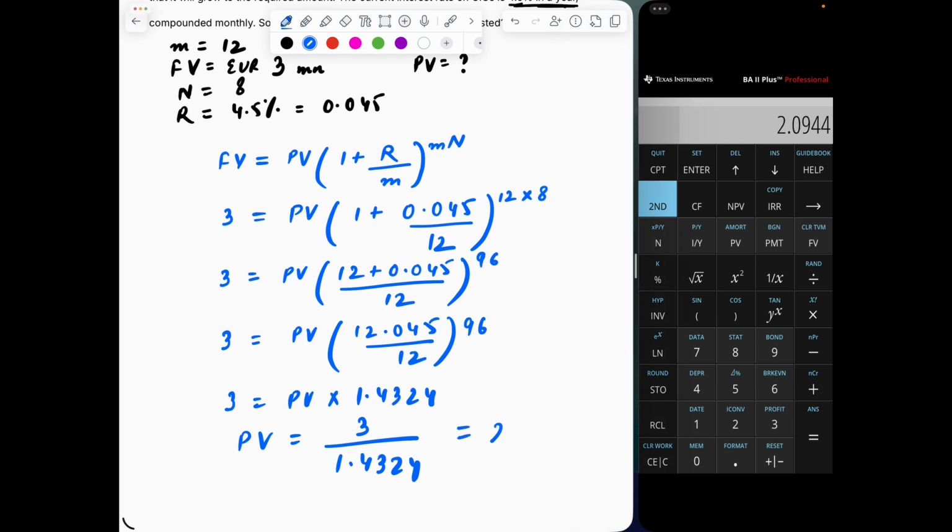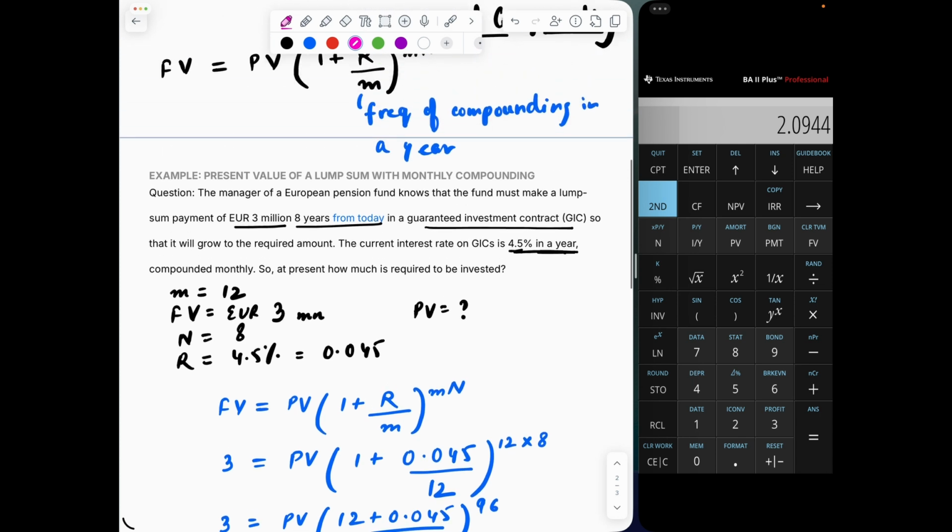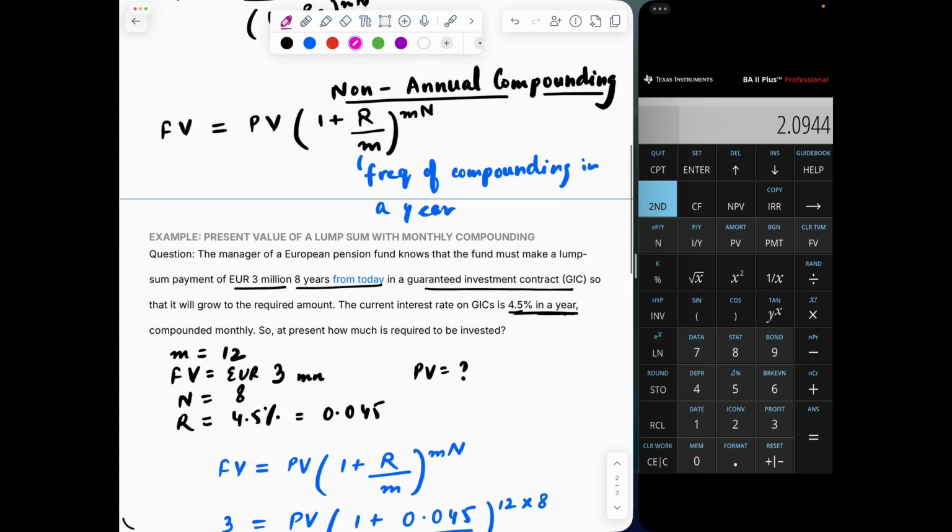This is coming out to be 2.0944. So you need to invest 2.0944 million euros.